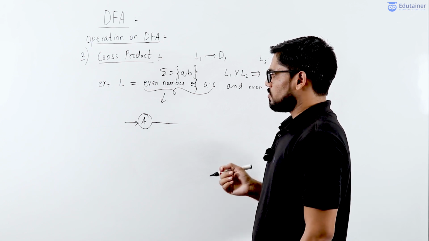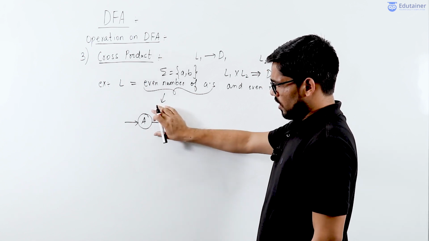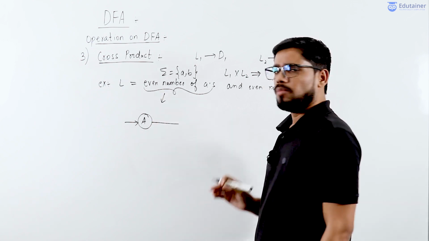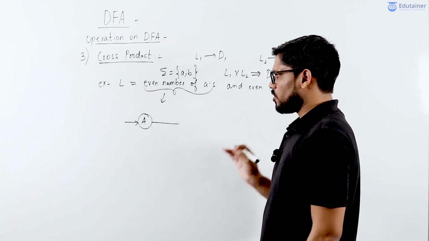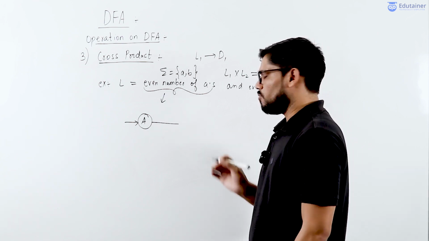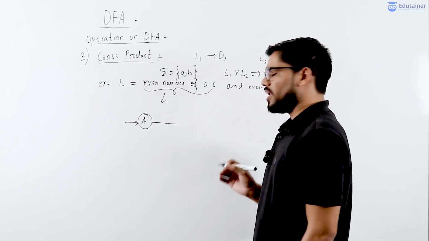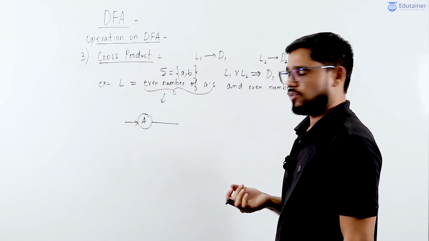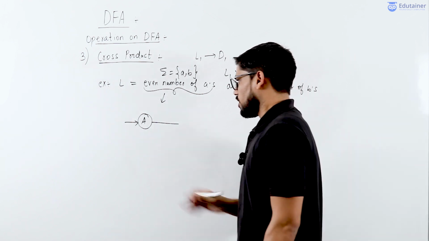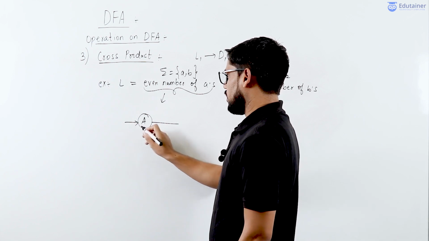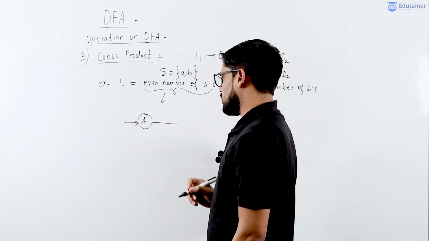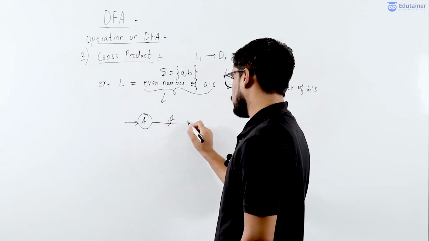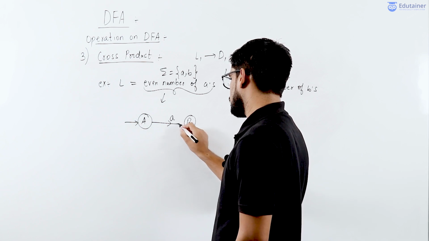The only thing that matters is that you can draw the transition diagram of the particular language and it is meaningful. If you draw the minimal DFA, it will be more meaningful and you can easily visualize the language. For even number of A's, I take capital A as the initial state. If I see a small a, then I will go to the capital B state.